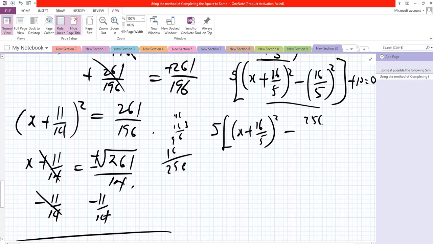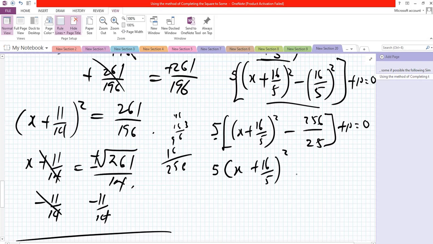So 256 over 25 plus 10 0. So if we expand this with this 5 here, we have 5 into x plus 16 all over 5 all squared minus 256 all over 5 plus 10 equal to 0.